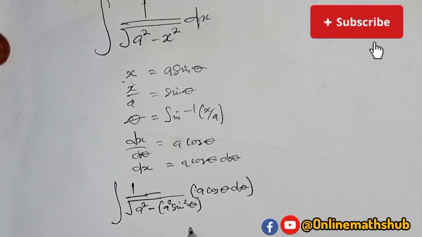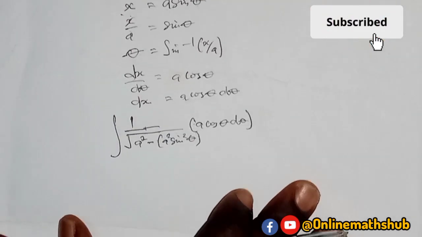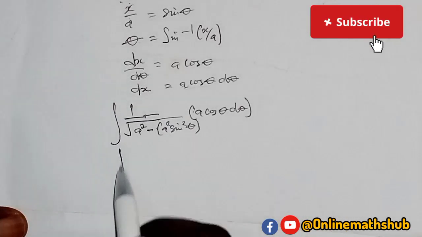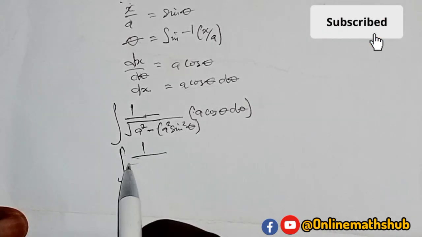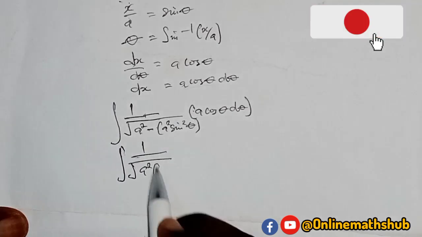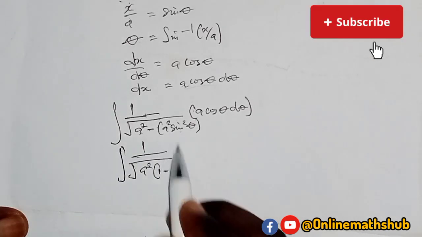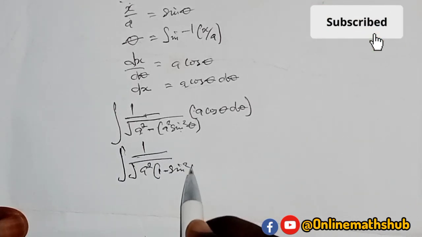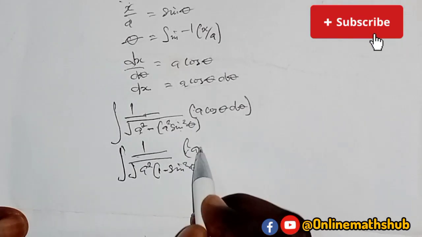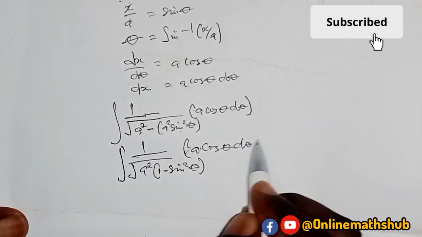We can proceed to evaluate further. This is the integral 1 over the square root of a squared factorized, so 1 will remain, minus sine squared theta will remain, and of course the a cos theta d theta is also there.